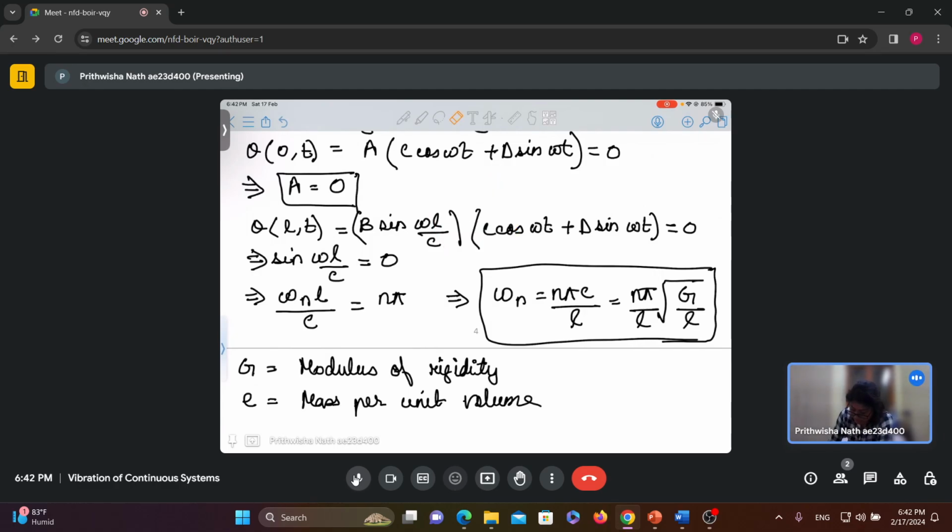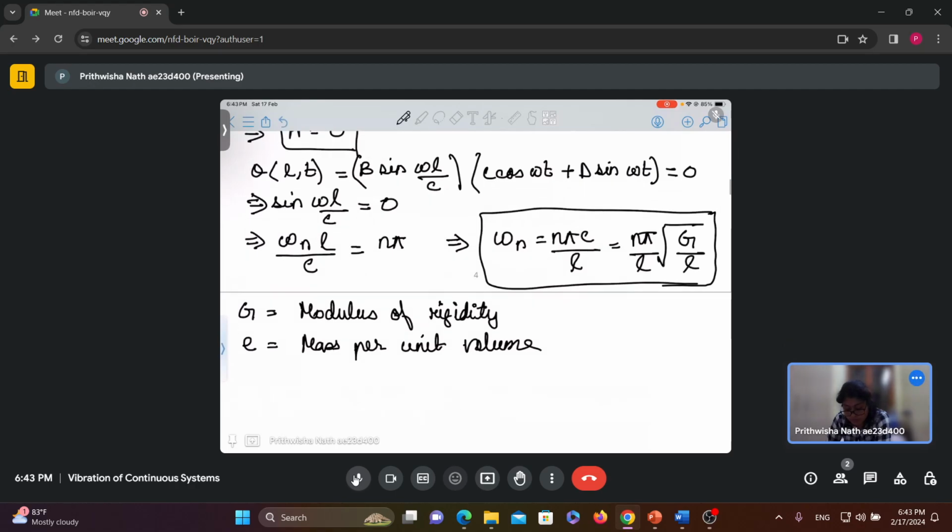Now in place of C, I can write square root of G by rho.